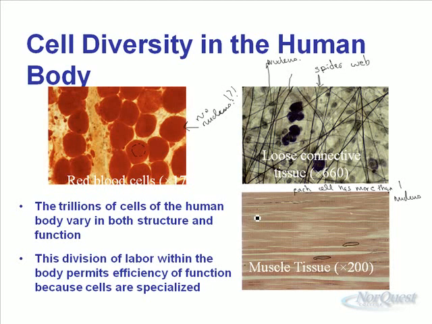But because each one has a different function, their need for those different organelles is different. And what this division of labor does is it permits our body to function efficiently with these specialized cells. There's no way to get an organism as large as a human or an elephant or even an insect, really, without having cell specialization so that cells carry out specific functions.